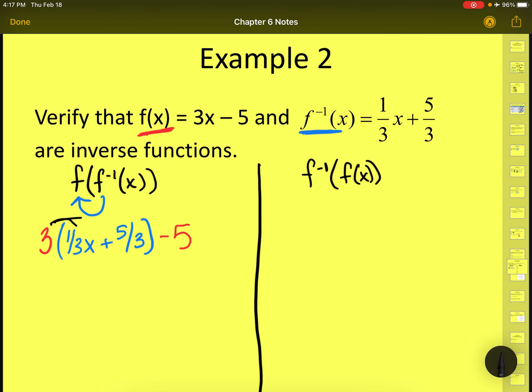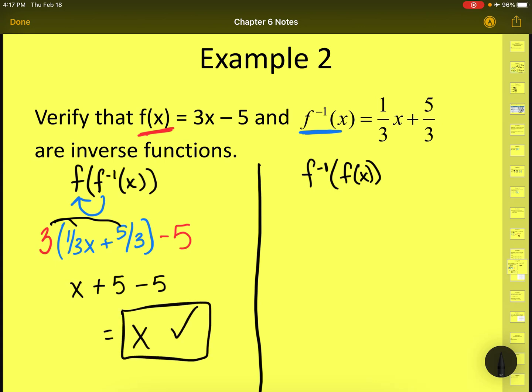So 3 times 1/3 is just x. And 5/3 times 3 is just 5, because 3 times 5/3 is 15/3 or 5. And then we can't forget to subtract 5 on the end. Well, 5 minus 5 is 0, so we're just left with x. So that verified that side.